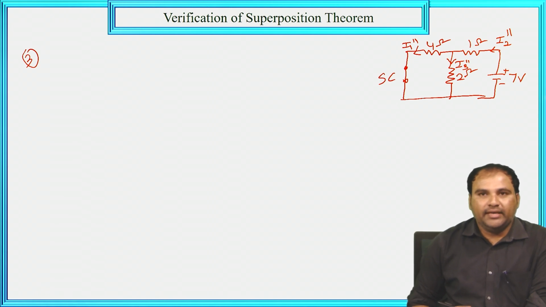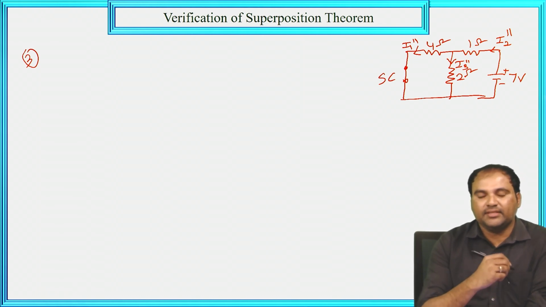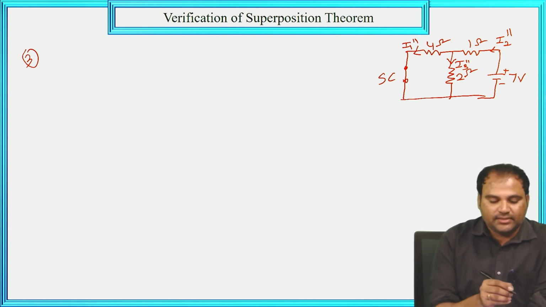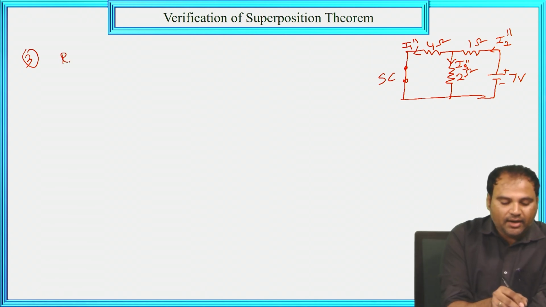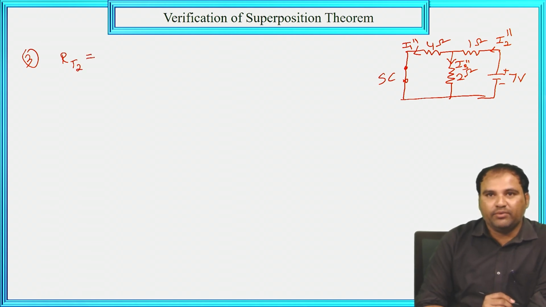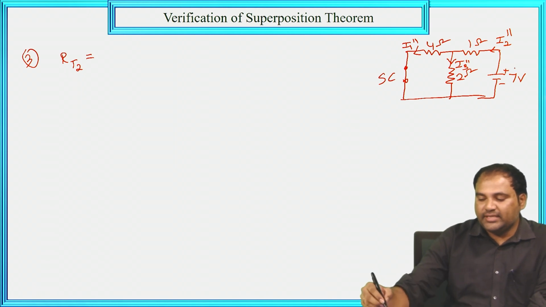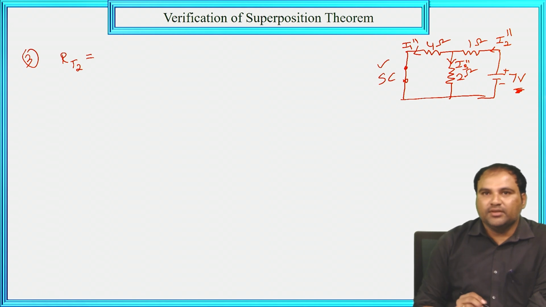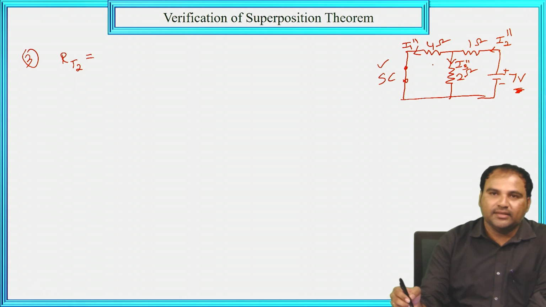Now here also we need to find out the total resistance, total currents and individual currents. In this third step, I am taking the total resistance as RT2. Since the source is here, we have to start from the opposite side. The 4 ohm and 2 ohm are connected in parallel, and this parallel circuit is in series with 1 ohm.